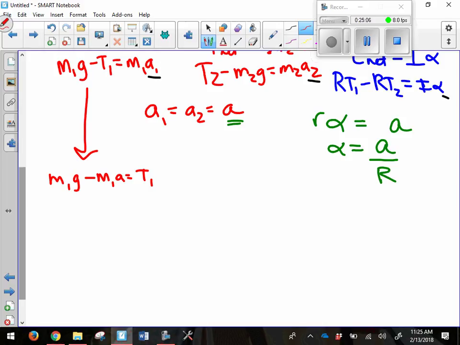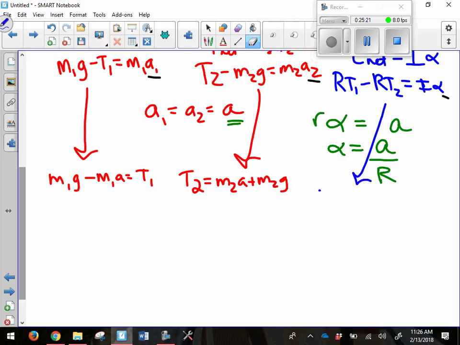I'm going to solve this one for t2 is going to be m2a plus m2g. And this one I'm just going to rewrite as, I'm going to divide both sides by r is what I'm going to do. So I'm going to have t1 minus t2 is going to be I a over r squared.